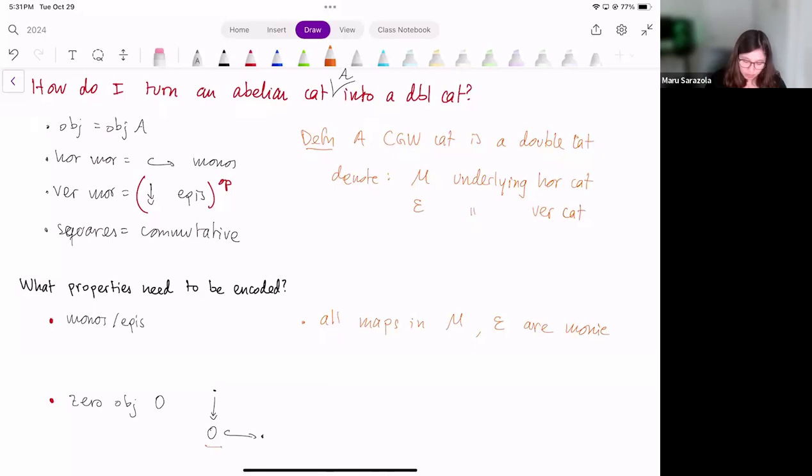So now, since I'm flipping the epis, I'm simply going to ask for the existence of an initial object that acts as initial for both M and E. I don't really need it to be a zero object because that's not the behavior that I have if I only look at my monos and my epis.